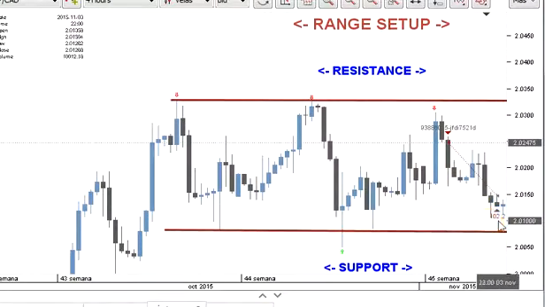Now, many persons, and in the past, I would have been very tempted to hold out for more, given the fact that we were very close to the support boundary, and 50 pips or close to 60 pips would have been available if we were to hold out for more.